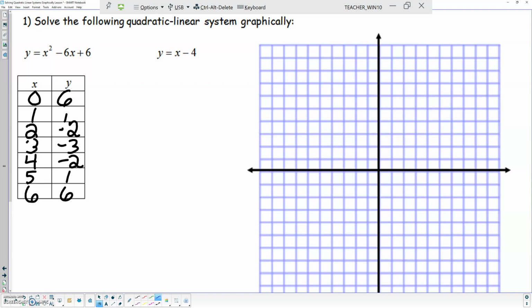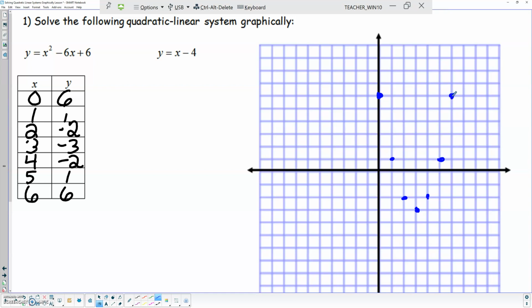So we're going to graph that parabola. We've got 0, 6; 1, 1; 2, -2; 3, -3; 4, -2; 5, 1; and 6, 6.